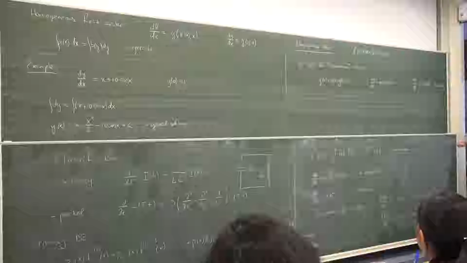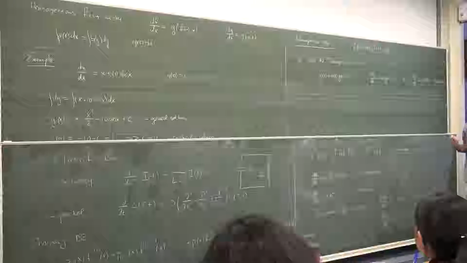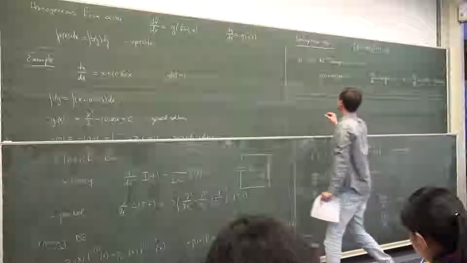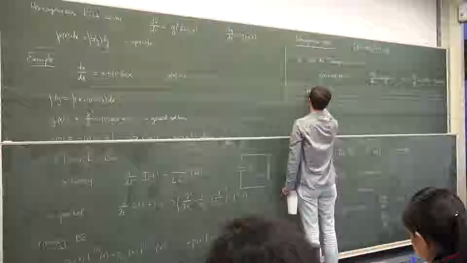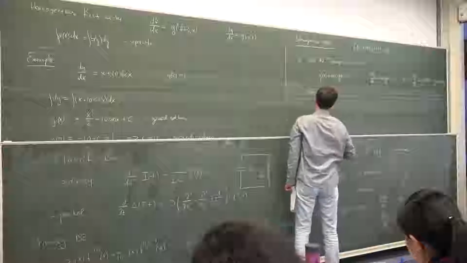But of course, we get the solution for the wrong thing. It is not the solution to the original equation. So, basically here we obtain g of x.